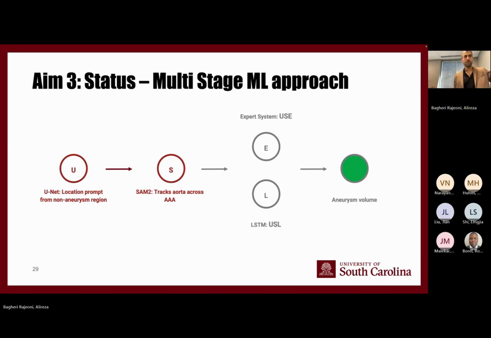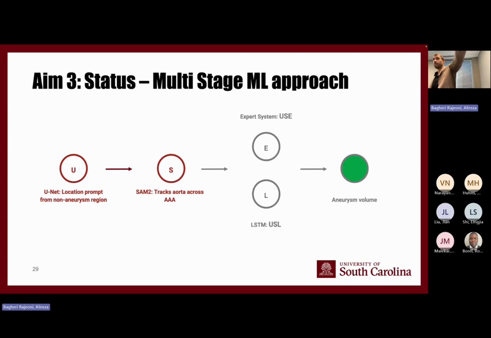U-Net finds the location prompt of the region that fails, like before the region, and then SAM2 tracks the aorta across the triple A or aneurysm. So with the first two steps, we have the vascular system extracted, and then we have two approaches to detect the boundary of the vascular system.